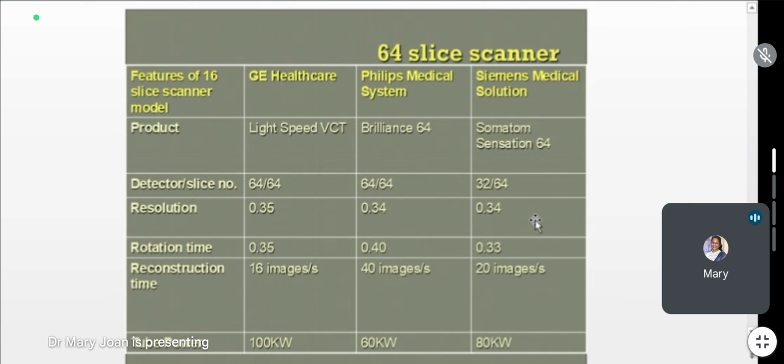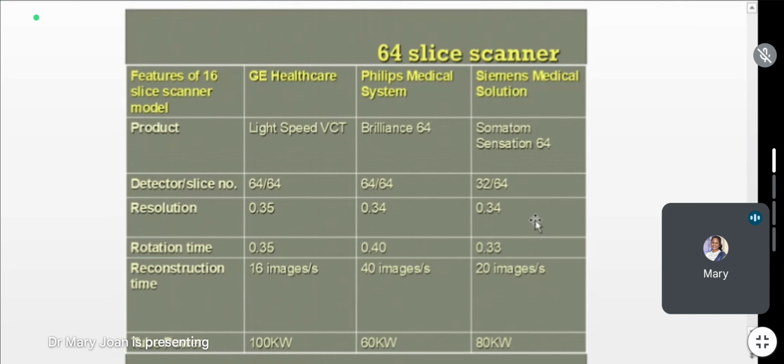Here is another comparison of different scanning systems commercially available today with respect to their features. The detector or slice number, resolution, rotation time, reconstruction time, and tube power for the 64 slice CT scanners from GE, Philips, and Siemens are tabulated here.